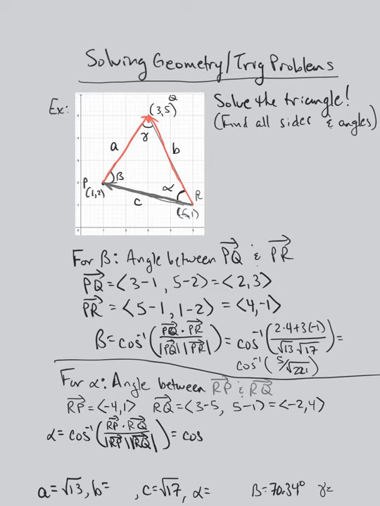So we have the inverse cosine of RP dotted with RQ. That's going to be -4 times -2 plus 1 times +4. And then divided by the length of RP, which is 16 plus 1, so the square root of 17. I should have already known that because we found C before.